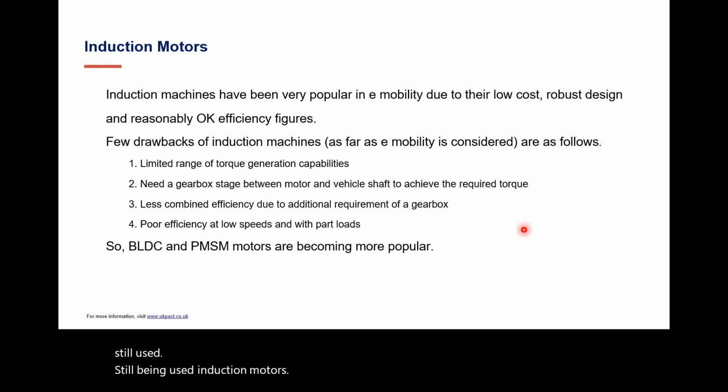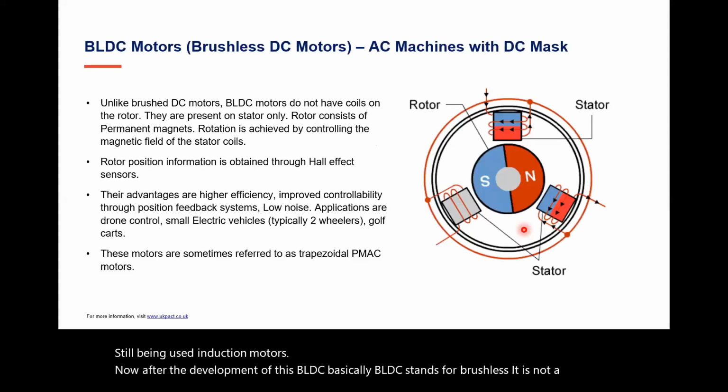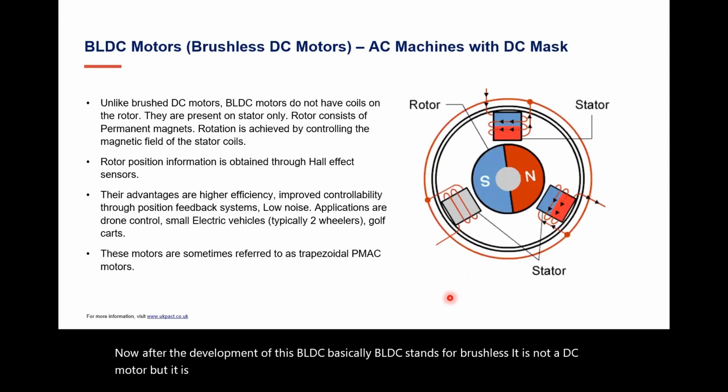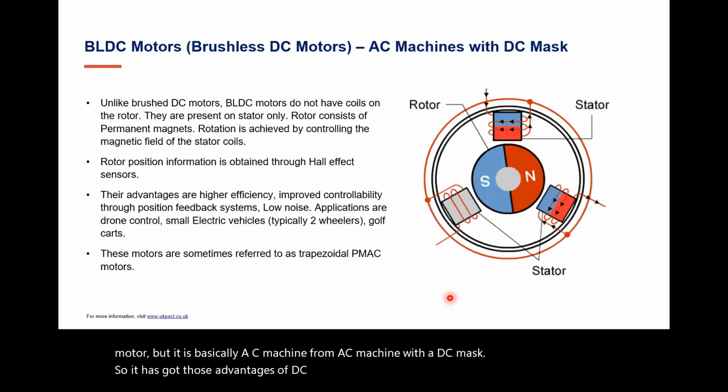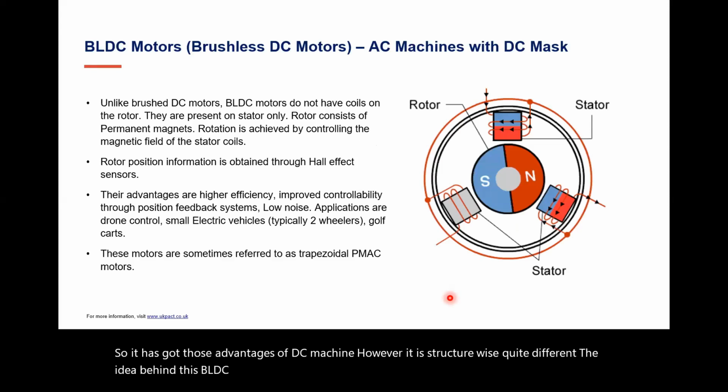Now, after the development of the BLDC, basically BLDC stands for brushless DC. It is not a DC motor, but basically an AC machine with a DC mask. So it has those advantages of a DC machine, however, it is structure-wise quite different. This BLDC machine was actually developed prior to the PMSM motor.